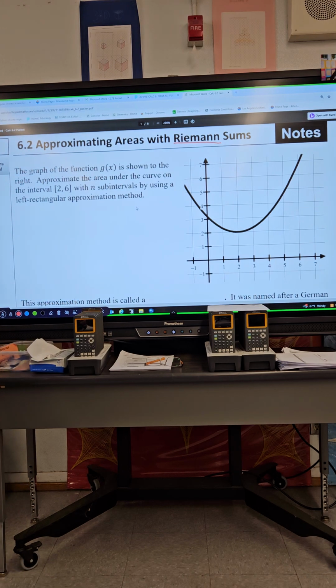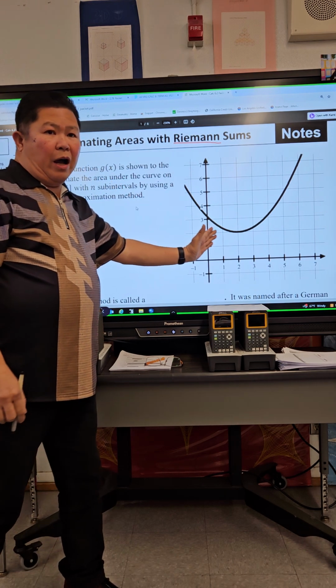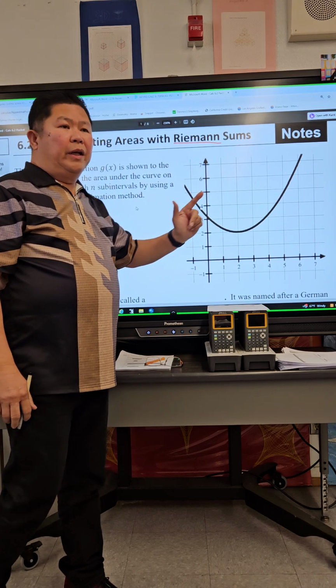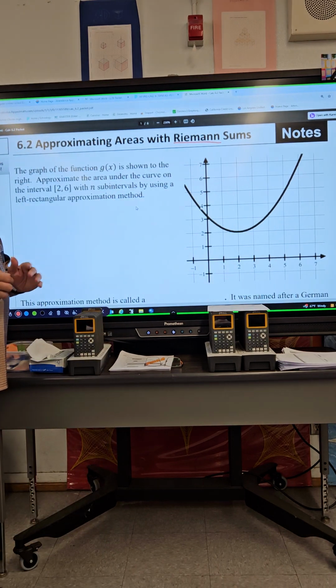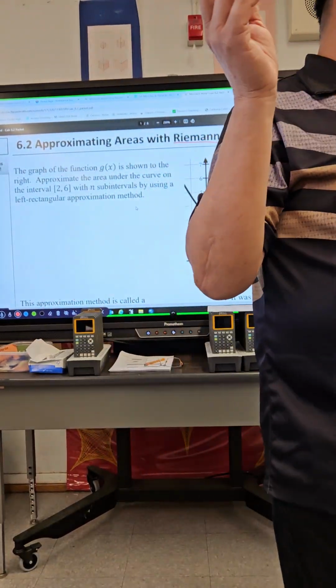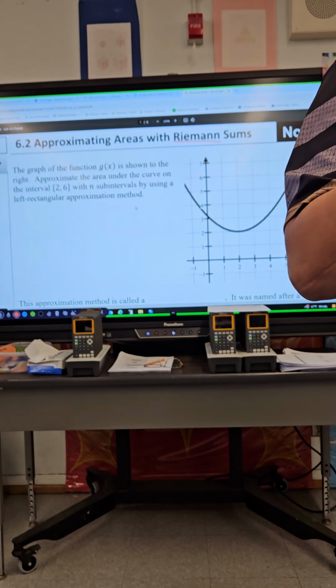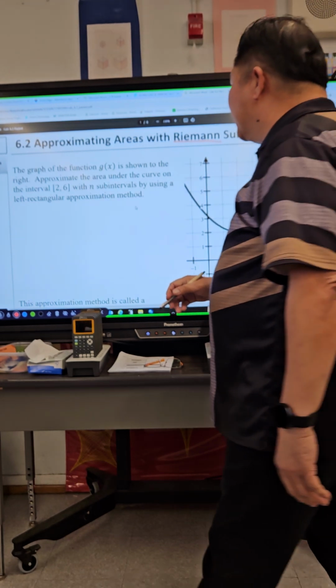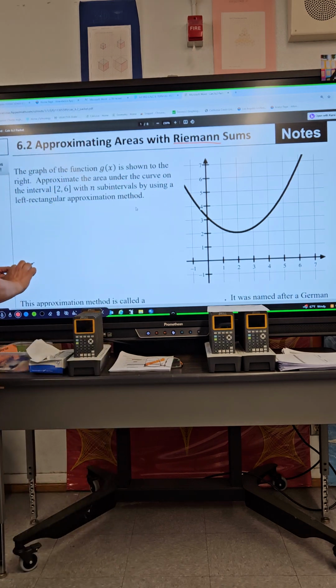Okay, so I'd like you to look at this graph. This is a graph of a parabola, right? Now, our concern here is the area, specifically given sub-intervals, whether the number of sub-intervals is 1 or 4 or 8, whatever. So it says the graph of the function g of x.